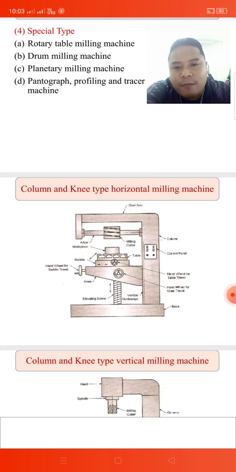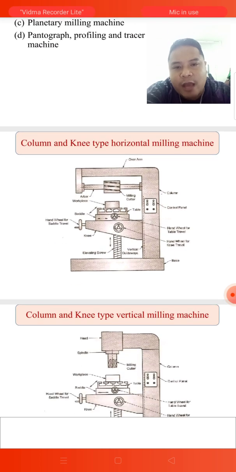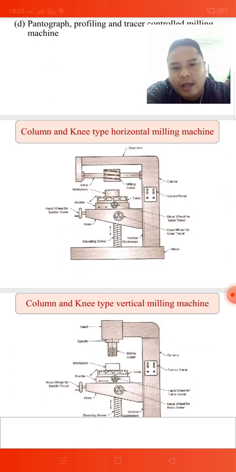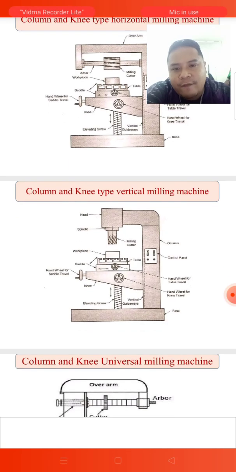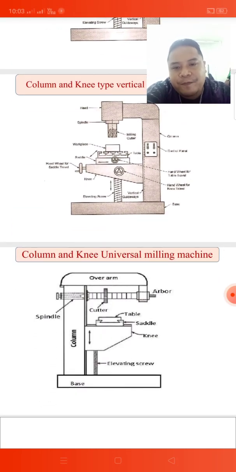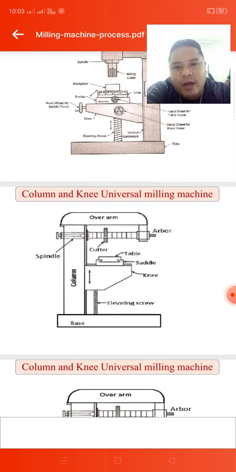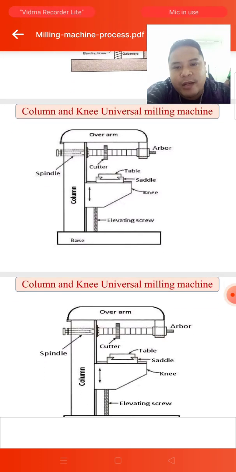Okay? But in a very common types of milling machines, mao na siya gitawag nga column type with horizontal and vertical. And as always, we have the universal type milling machine, the column and knee type.